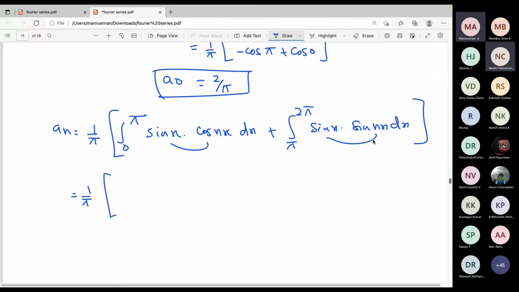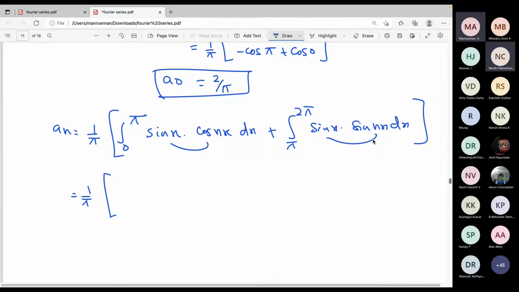How can we integrate? We have to take the product to sum formula, right? Yes, sir. Okay, tell me the formula.